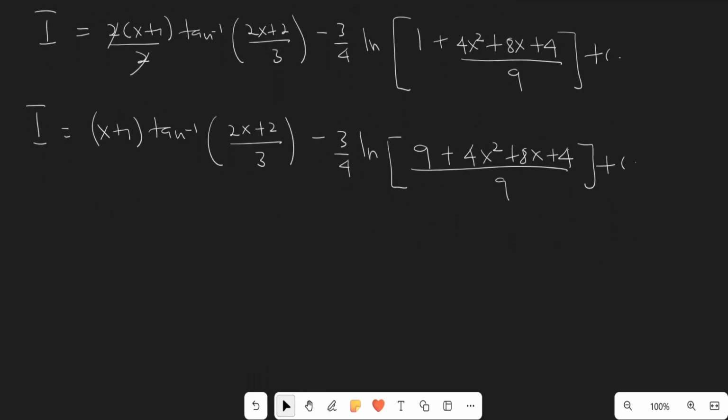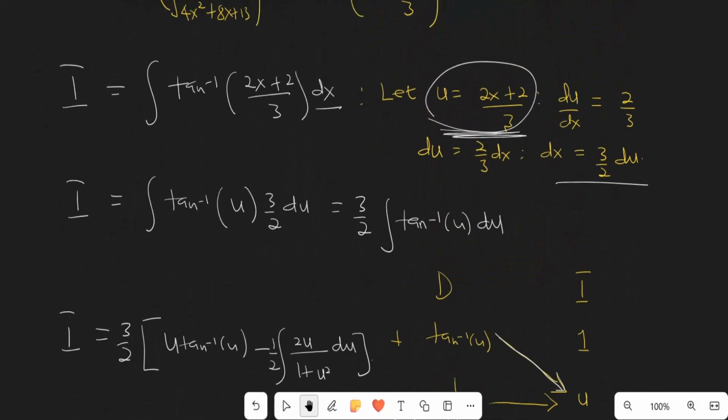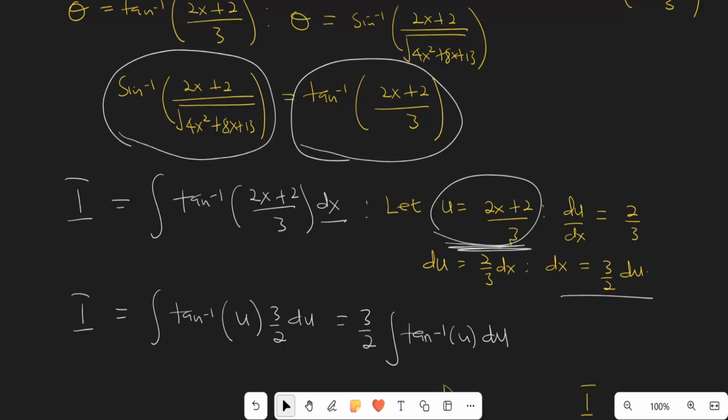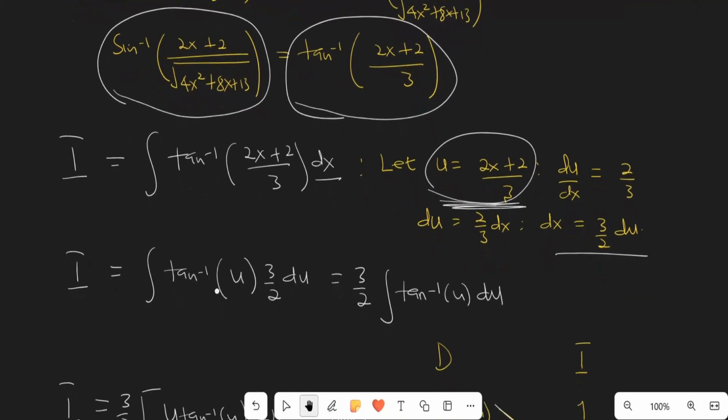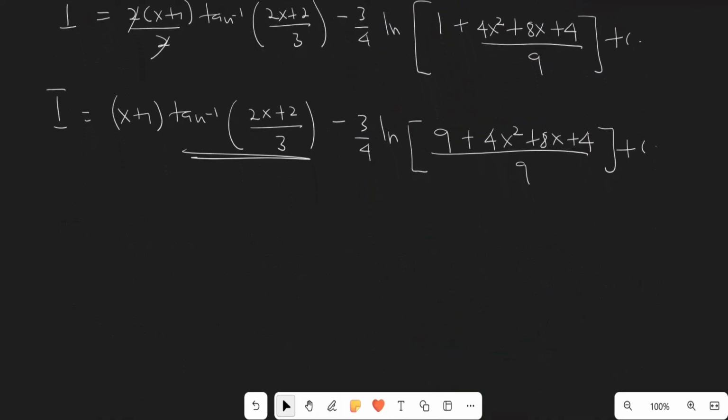But we know that tan inverse of (2x plus 2) over 3 is the same as the sine inverse. That is our integrand. We know that from here. The tan inverse of (2x plus 2) over 3 is the same as the sine inverse of (2x plus 2) all over this. So that is our integrand. So this one here is just our integrand. So we just replace that. So I is going to be x plus 1.